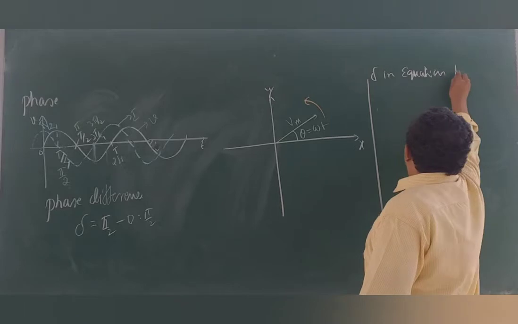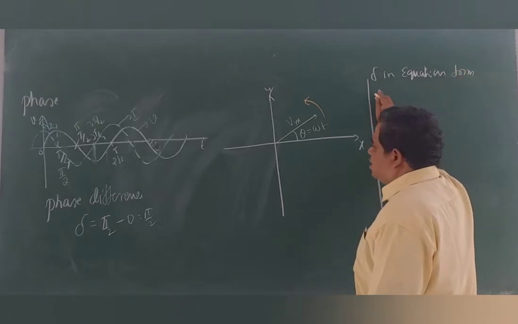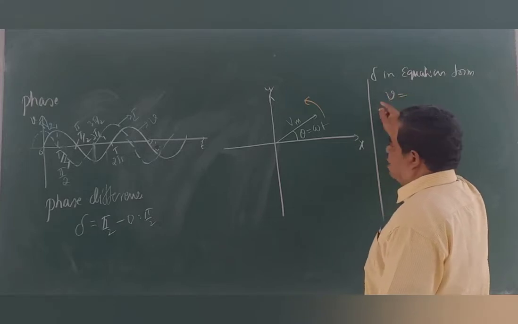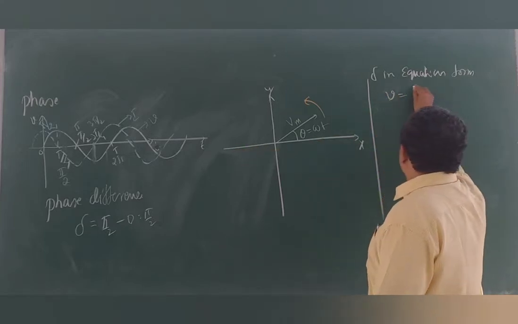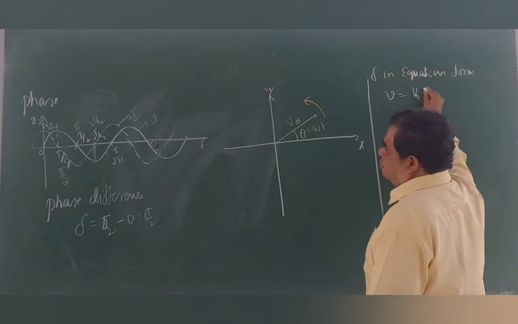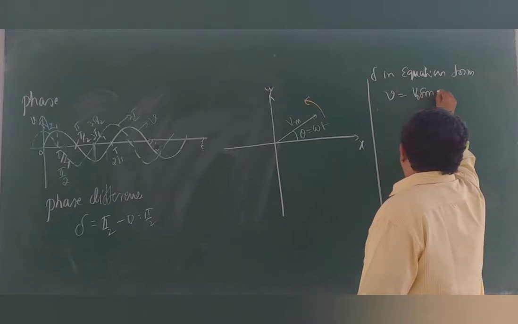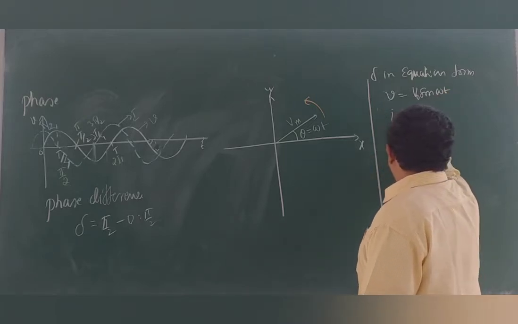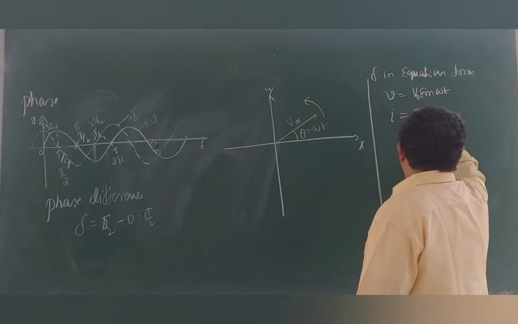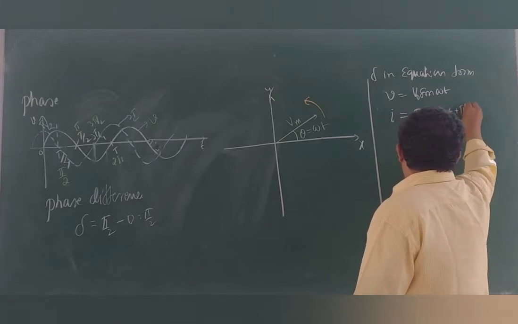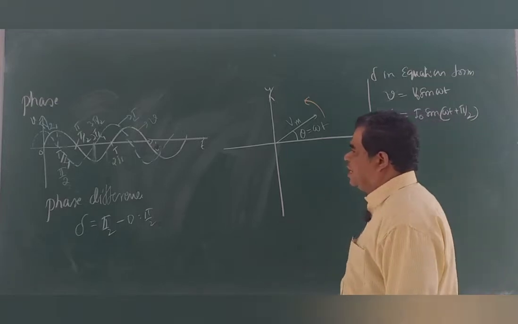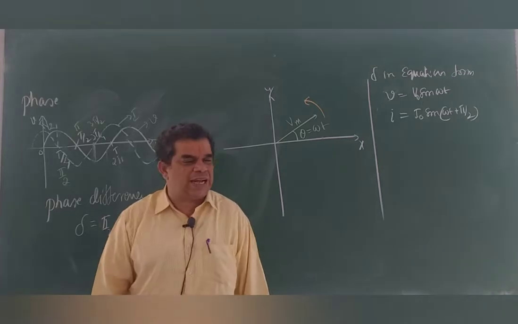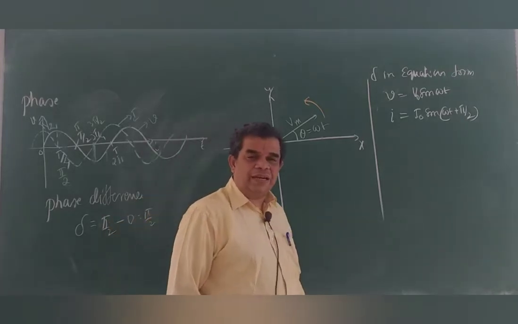If you write, for that figure, V equals V naught or Vm sin omega t, and for the current I write I equals I naught sin(omega t plus pi by 2), in radians, because it started pi by 2 angle earlier, or T by 4 in time. So this is how we write.